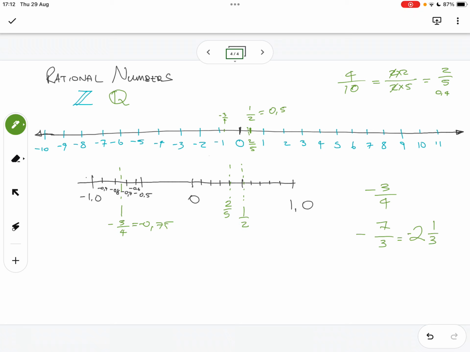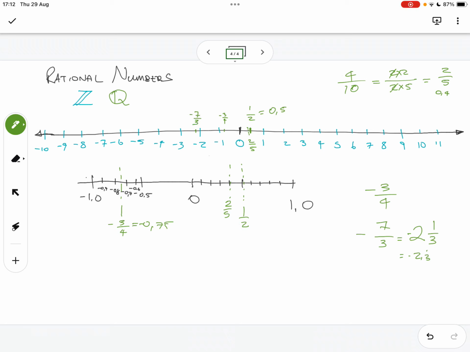And that gives us -2.3333. So let's just check. -7 divided by 3. All right, so it's -2.3 recurring. -2.3 should be somewhere there, so we'll say -7/3.